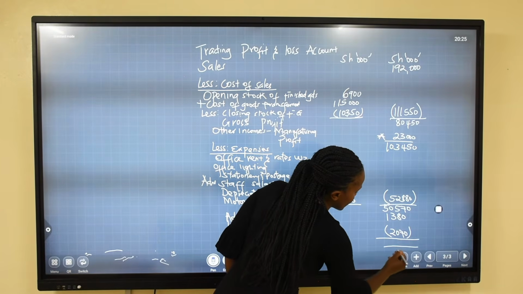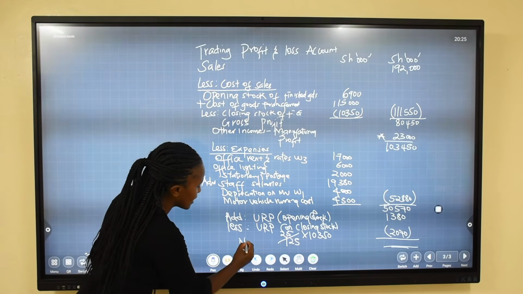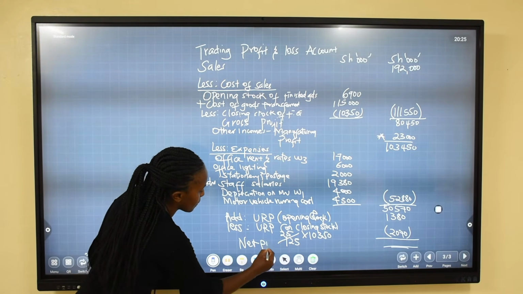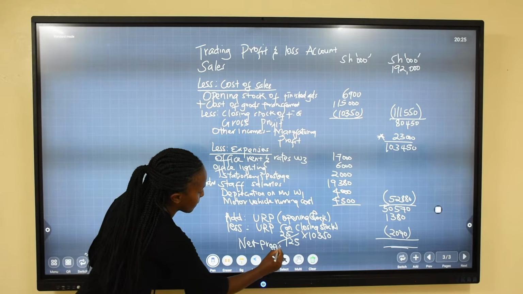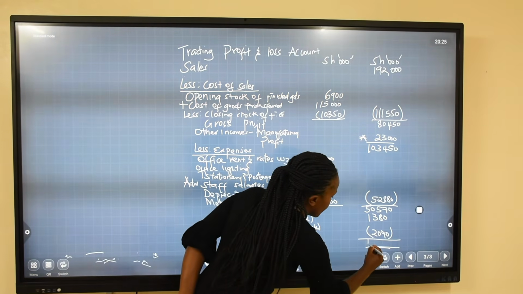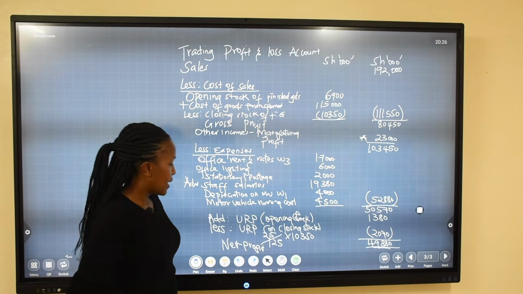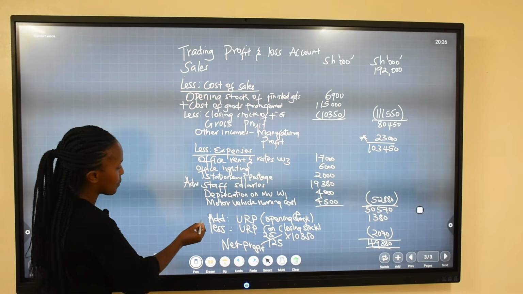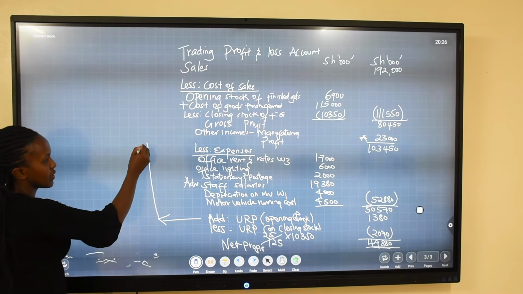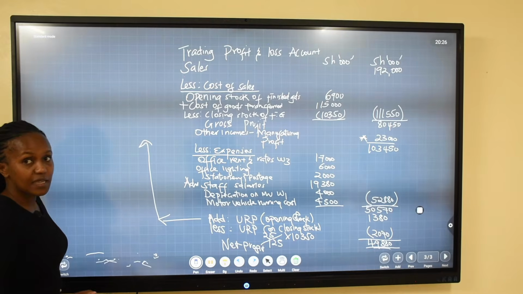And the answer now we get is the adjusted net profit, which is going to be 49,880. And by the way, had you not been given this URP on opening stock, you would have also computed it in the same way.